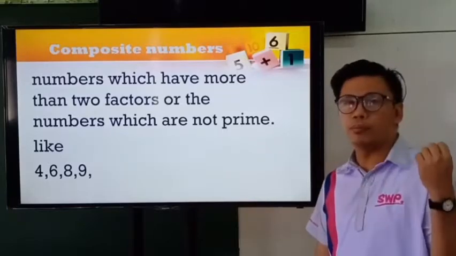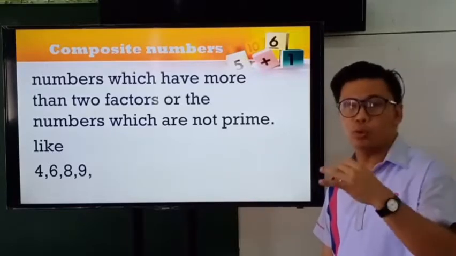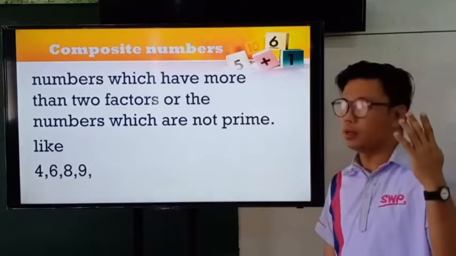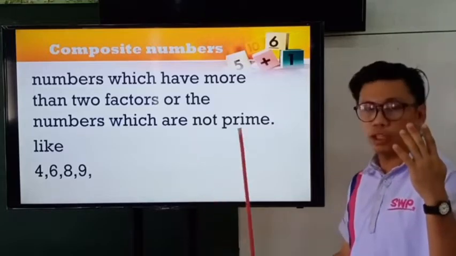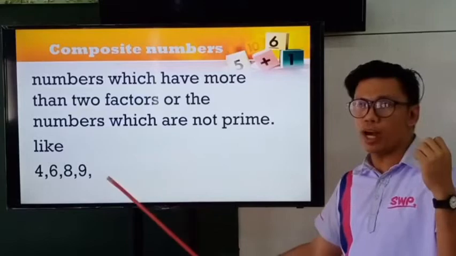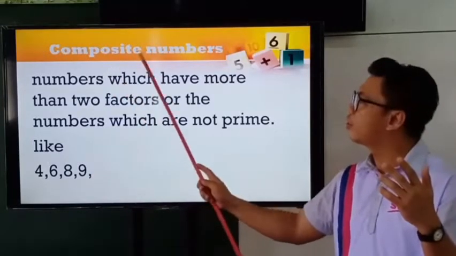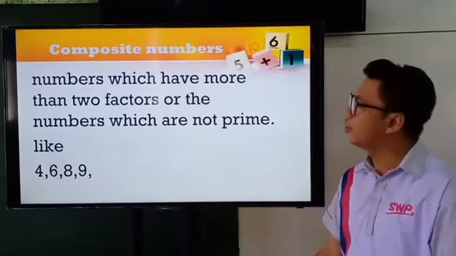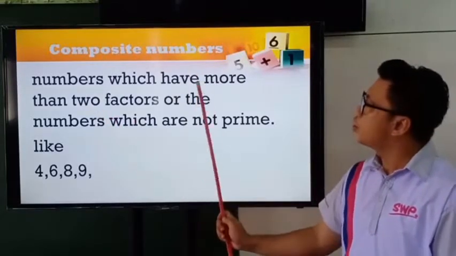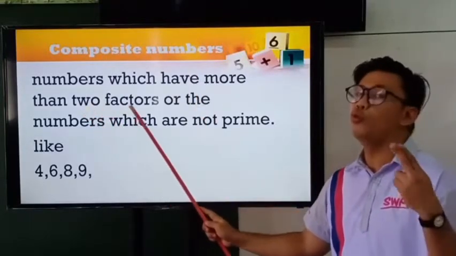So what are the primes? Prime numbers are 2, 3, 5, and 7. If it is prime, that is a prime number. If it is not prime, we call it composite. And composite numbers have more than 2 factors.